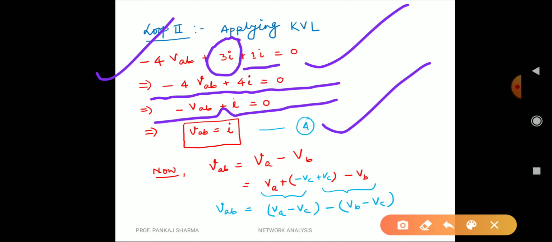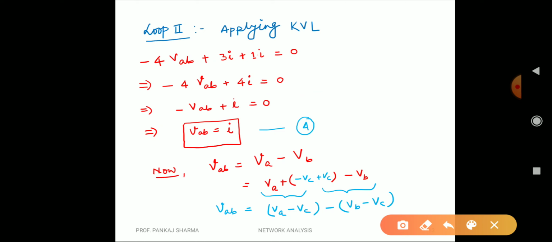Now the potential VAB can also be written as VA minus VC. In between this we can insert minus VC plus VC. Mathematically we can rearrange in terms of VAC and VBC, and we are going to achieve our target.